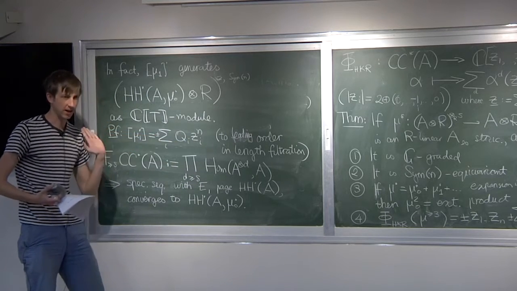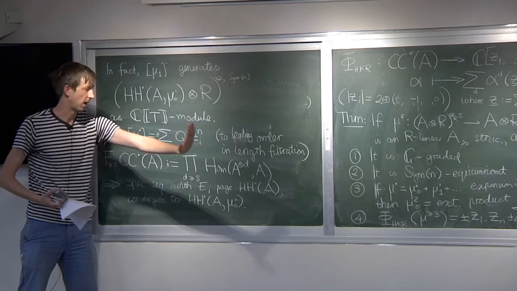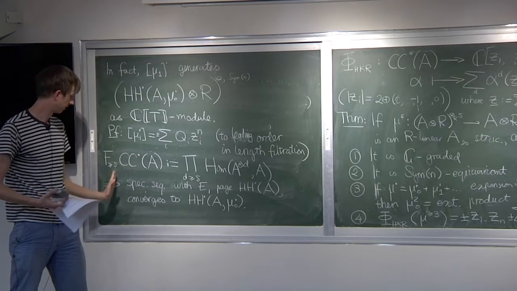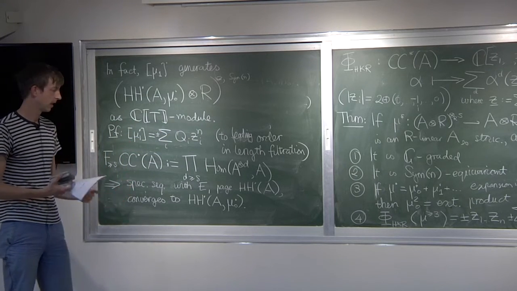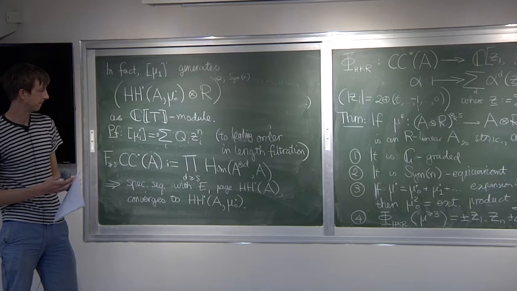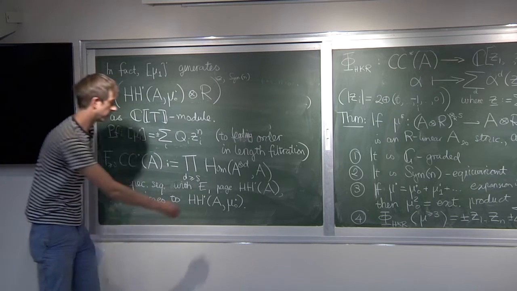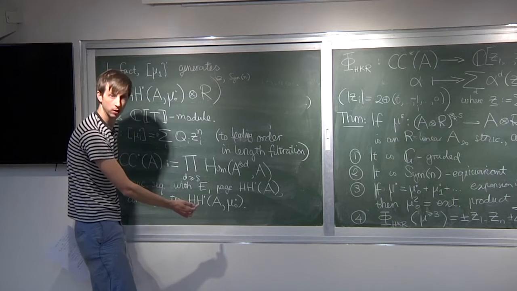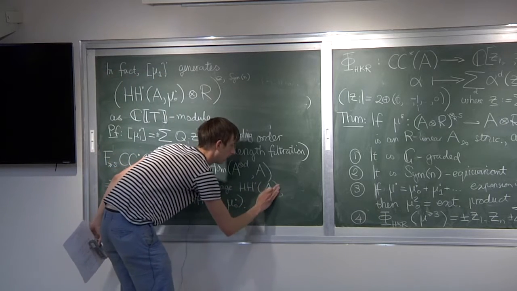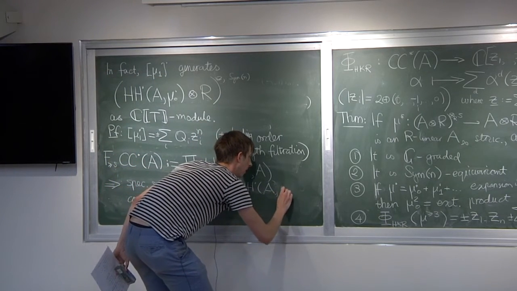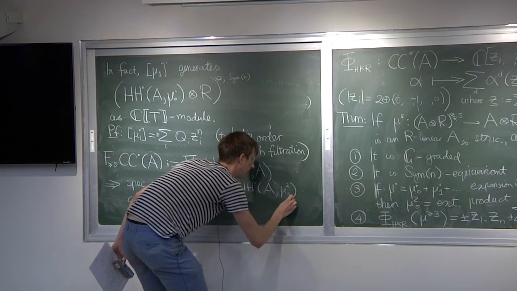So it's given by this guy plus higher order in the length filtration. It's this filtration. So when you write the E1 page is the Hochschild cohomology of the algebra, you mean with mu1 naught and mu2 naught, that's it? No. You consider mu star naught, but you consider it as an A infinity algebra. Yeah.